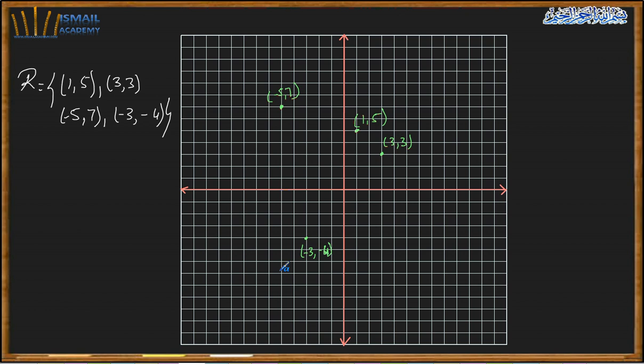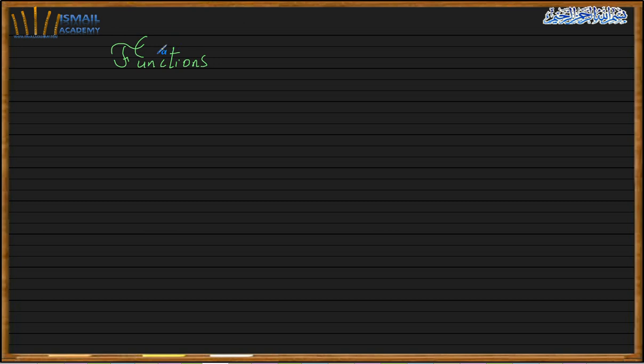So now let's talk about a function. A relation is a set of ordered pairs without condition. But a function has a condition. The condition is each ordered pair must have a distinct x coordinate.